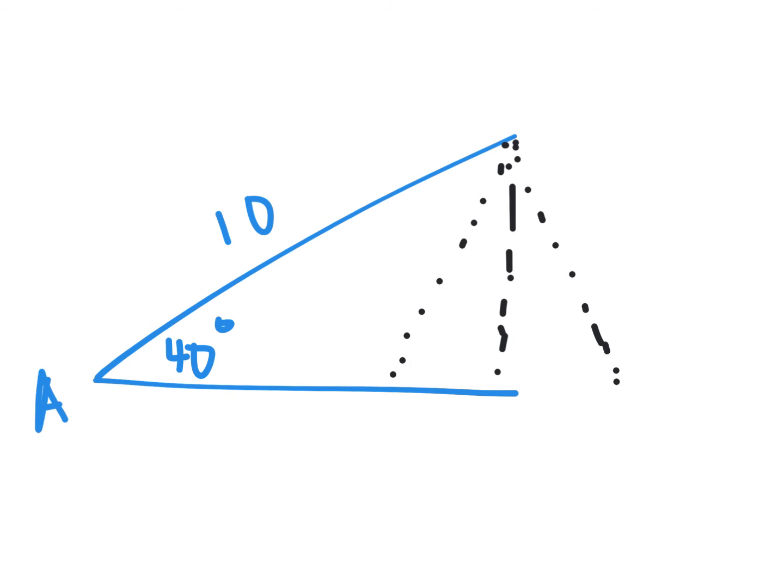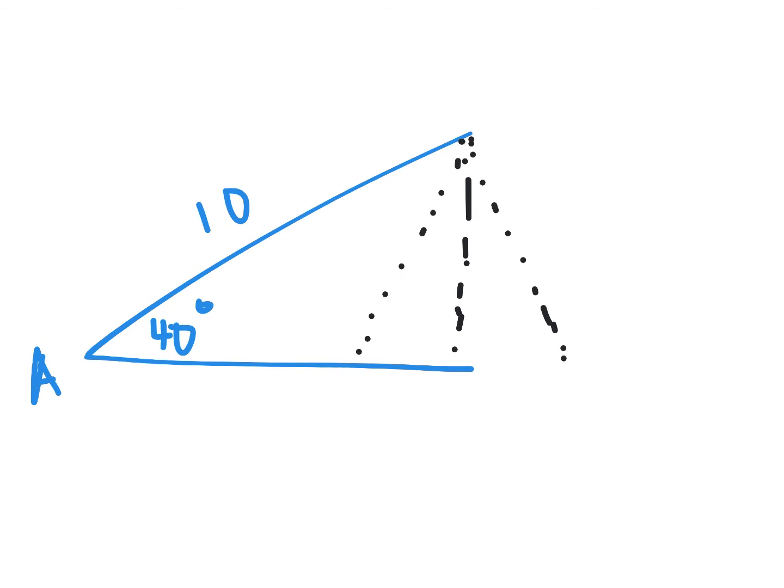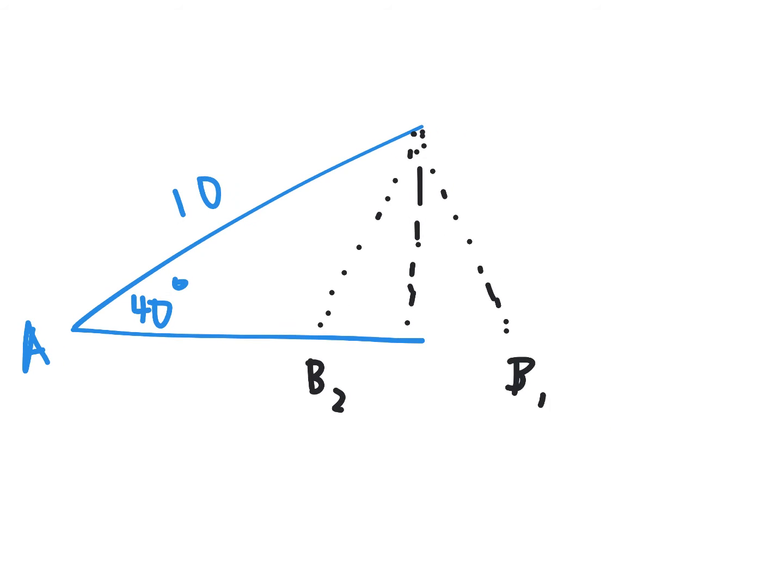So, what you are going to figure out is if this is B1 and this is B2, let's say I am your boss and I'm trying to build this ramp thing, and I say, you know what? I want that last side to be 3. And you suspect that, hey, boss, I don't think that's going to connect.